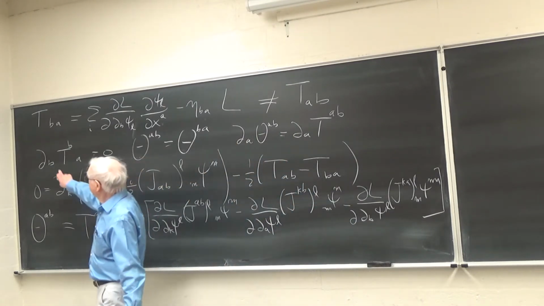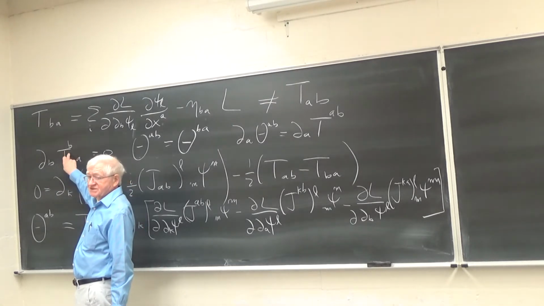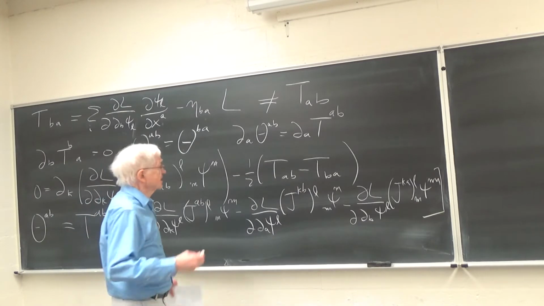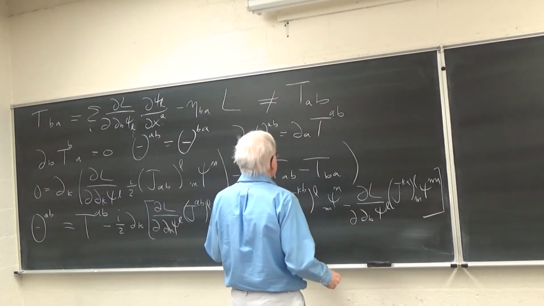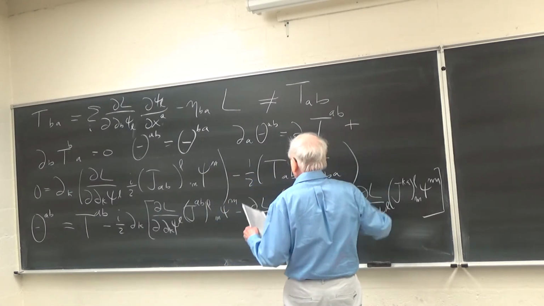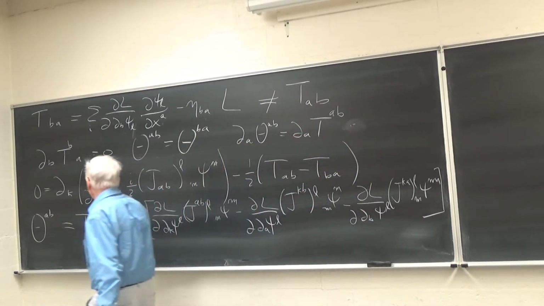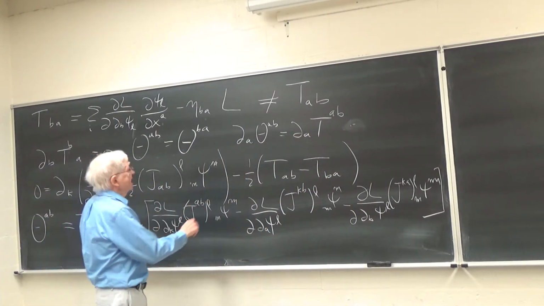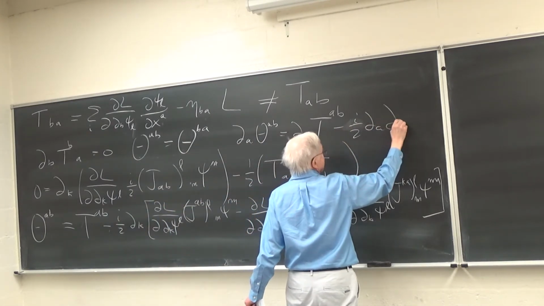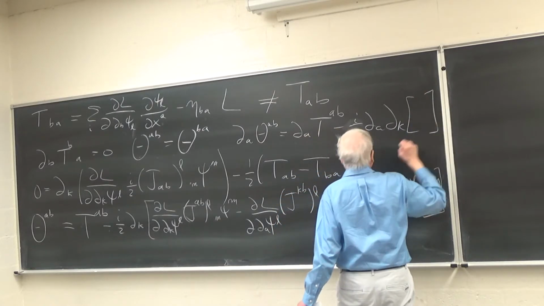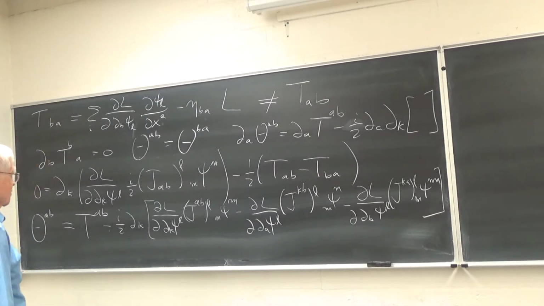Notice that it's the derivative with respect to the first index that is summed, that is zero in the case of the conventional energy momentum tensor. So this one then is that plus, well, it's actually minus. It's minus I over 2 dA dk of something inside the square brackets, and that's this thing, this square brackets.